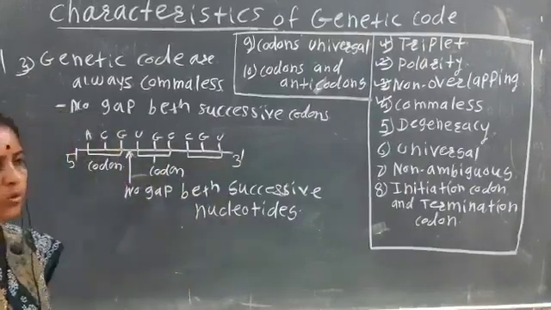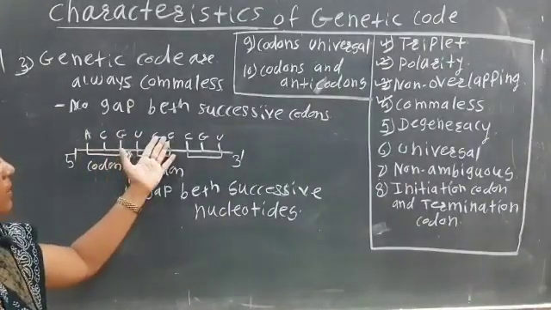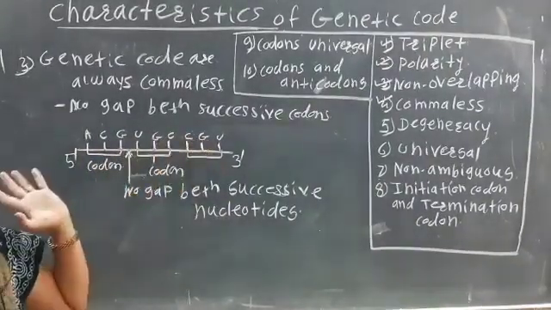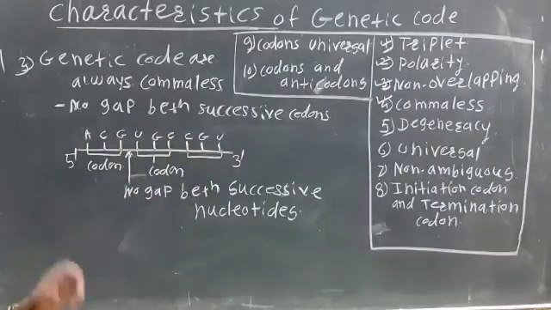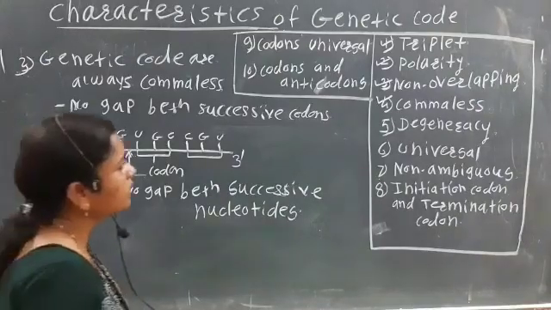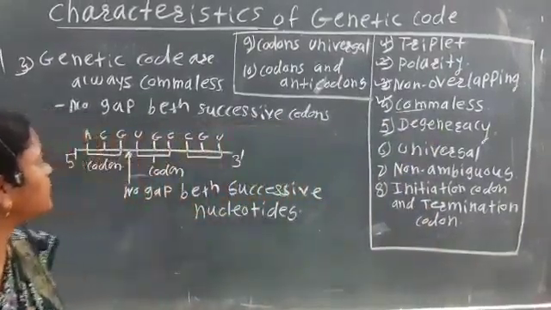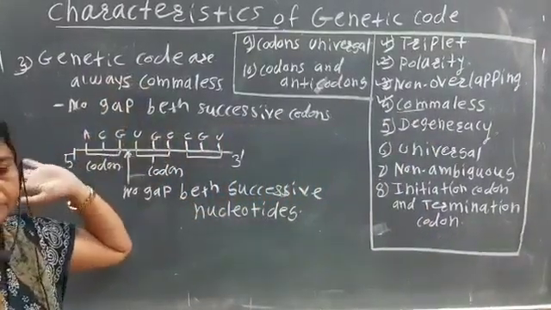So first 3 are one codon, then 3 another codon, then 3 another codon, like this. Okay, so in the genetic codon, there is no gap between the successive codons. So the genetic codes are commaless. Genetic code कसे आहेत? Commaless आहेत.